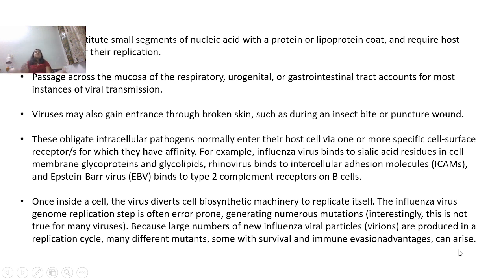So once it is entering through receptor mediated endocytosis or any other mechanism, the virus wants to replicate inside the host. So once it is entering into the host cell, it diverts the biosynthetic machinery to replicate itself.